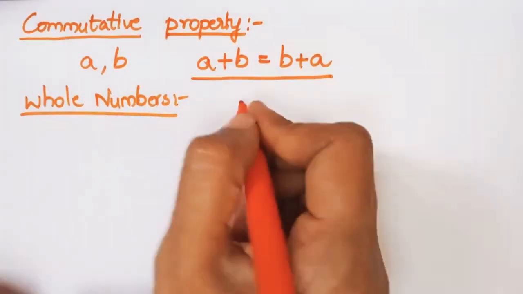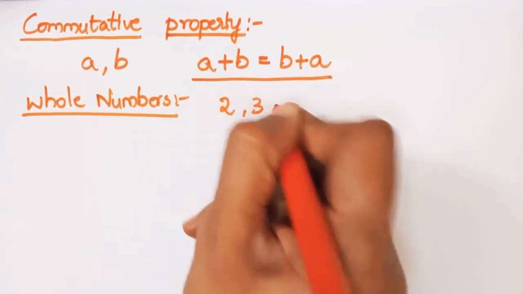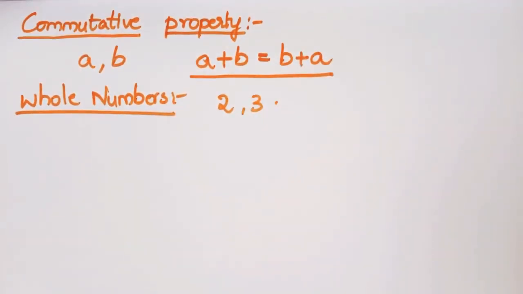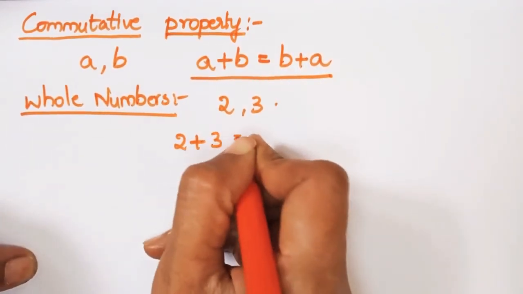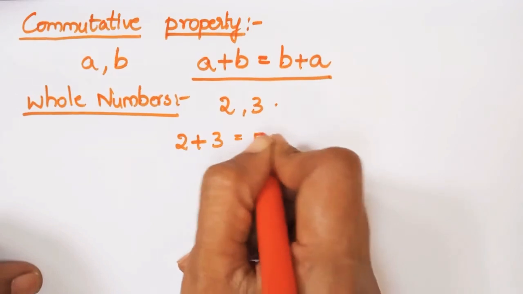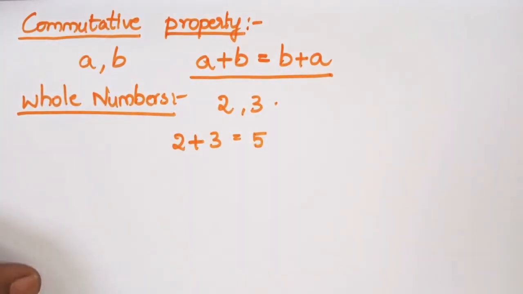Let me take two whole numbers like 2 and 3. And let me check, is the addition commutative for this or not? 2 plus 3. What do I get? 5. Very good. Now I want to change the order.